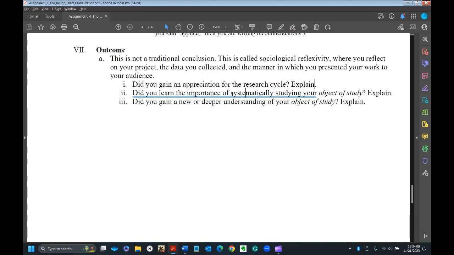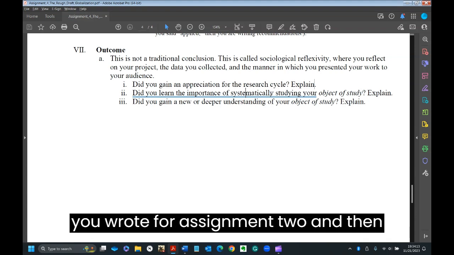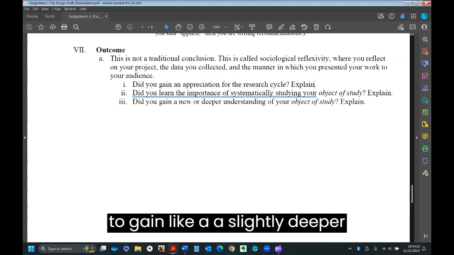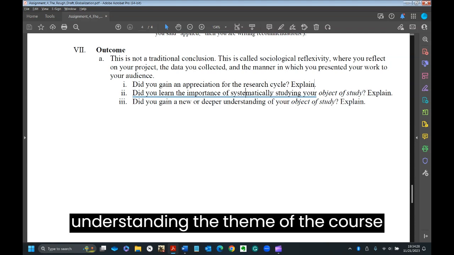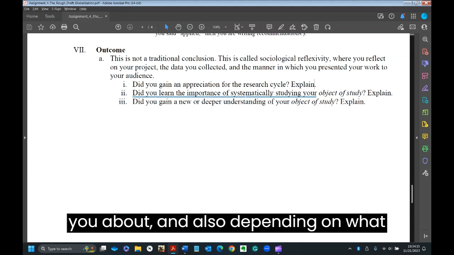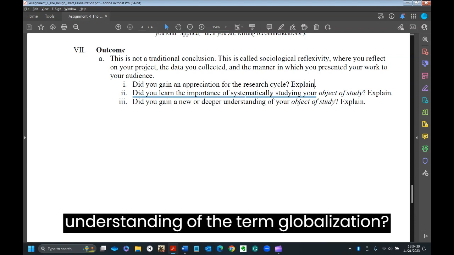Because you want to focus on what you wrote for assignment two and then compare it to what you wrote for assignment four. But also, if you want to gain a slightly deeper understanding in terms of your understanding and competency in the theme of the course, review assignment one, when I asked you, depending on what course you're taking with me, what's your understanding of the term globalization?